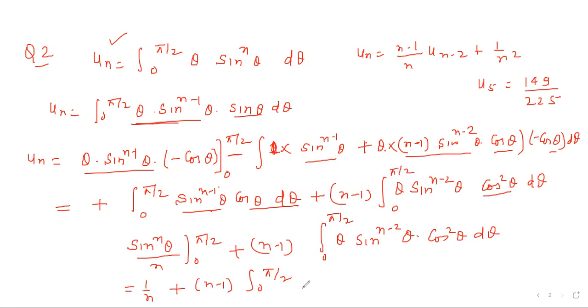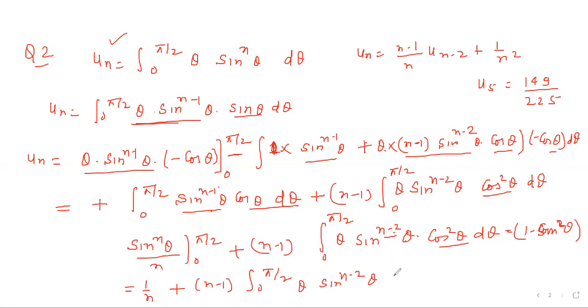So then theta times sine n minus 2 theta, and this cos square theta can be written as 1 minus sine square theta. So from there, the first term will remain sine power n minus 2 theta, but in the second term the power is n minus 2 plus 2, so it will become sine n theta.